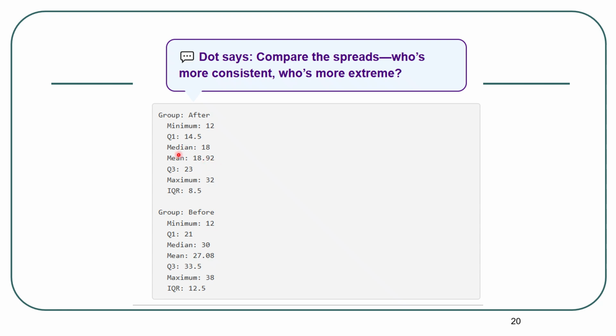And because it's skewed and not symmetric, the best central tendency measure in this case would be again the median here and the median here.